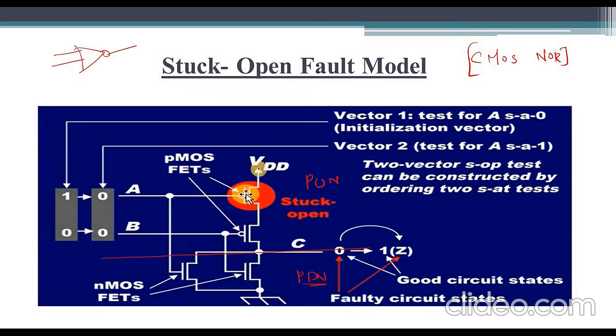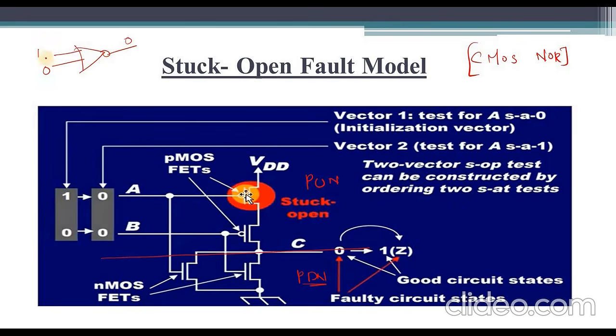Observe here. If I test for stuck at 0 and give the input 1 0 to this CMOS NOR gate, what will happen? 1 plus 0, whole bar, means 0.